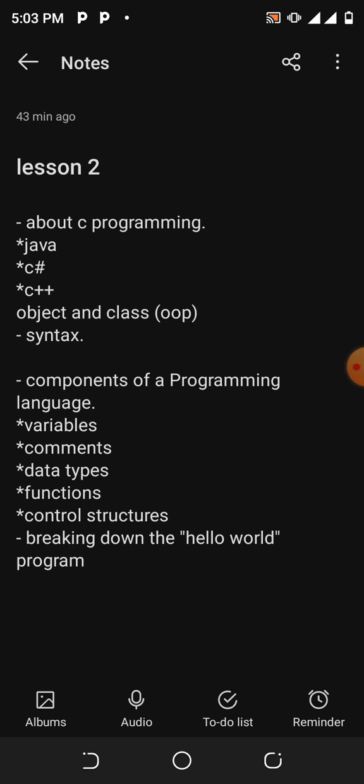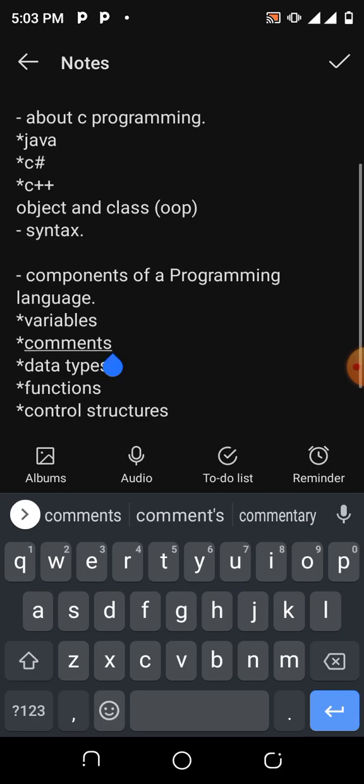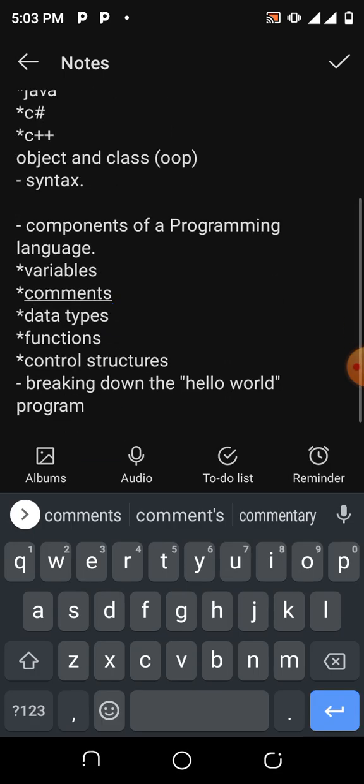Something that is being called a programming language needs to have some sort of components, or maybe I would rather say building blocks, elements, whichever word you can use. But the idea is the same. Every programming language has some of these.